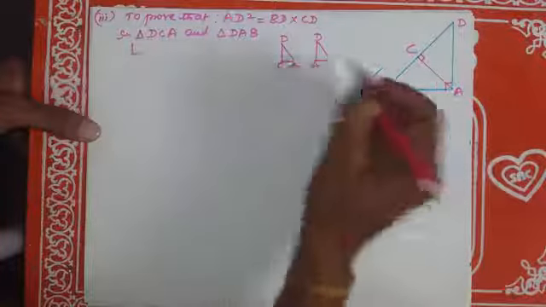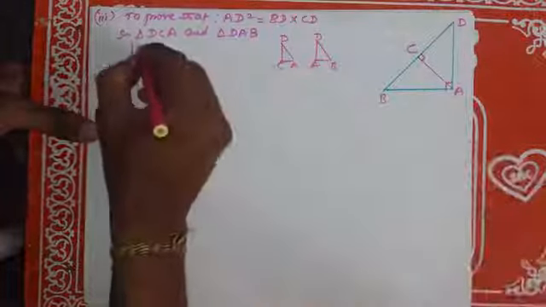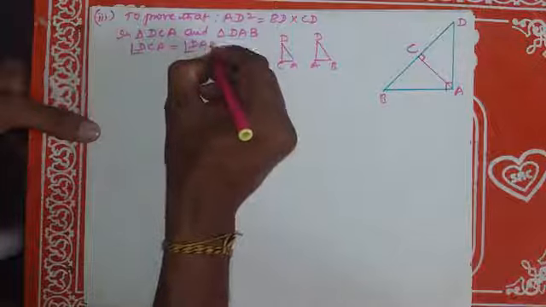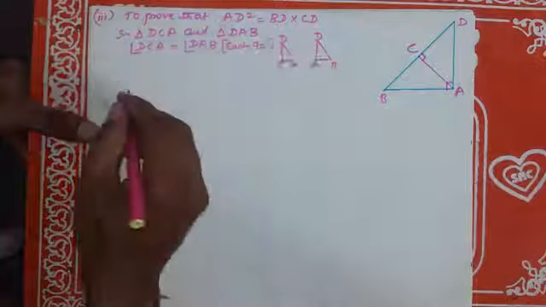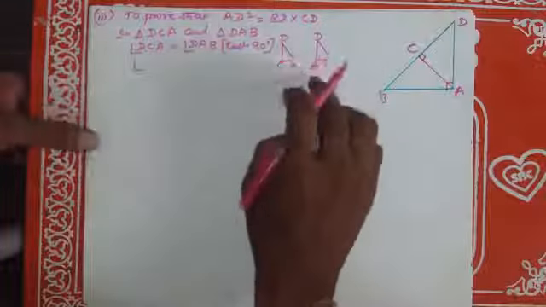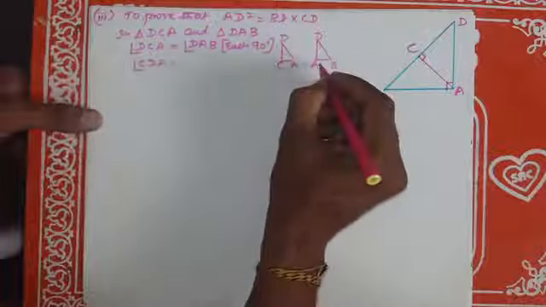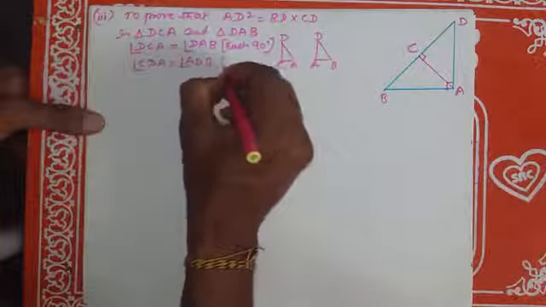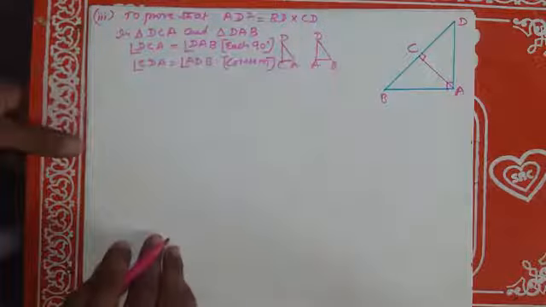See, angle DCA is equal to angle DAB, each angle 90 degrees. And which is the common angle in this? Angle CDA is equal to angle ADB. This is the common angle.